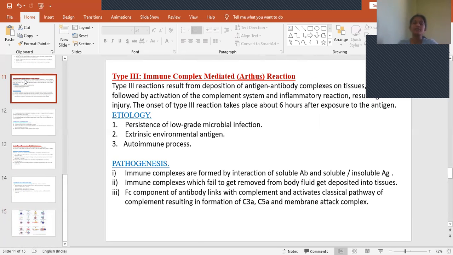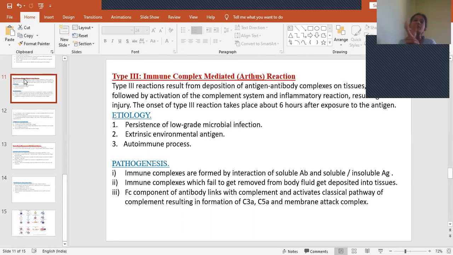Here the pathogenesis again involves the immune complexes formed by the reaction of antigen and antibody. In type 2 the reaction happens immediately, but in type 3 the antigen antibody complex that is formed will not be completely removed from the body.